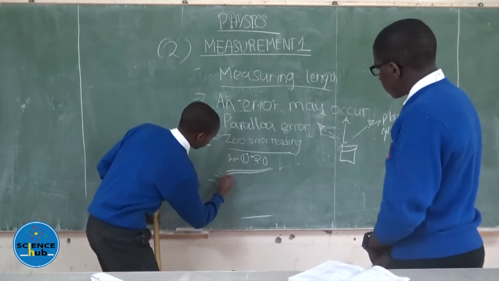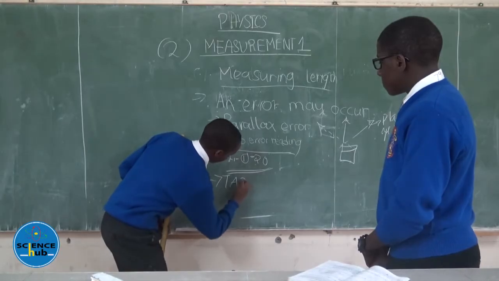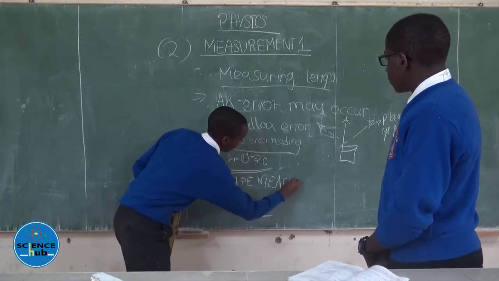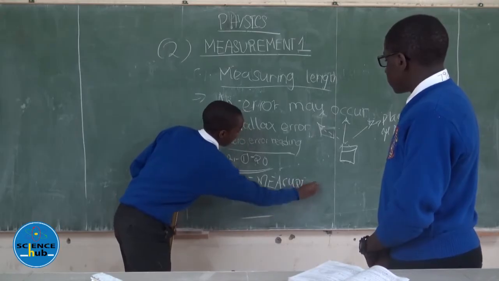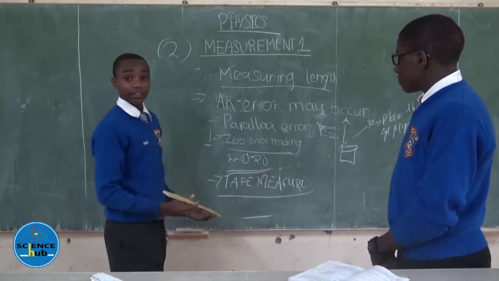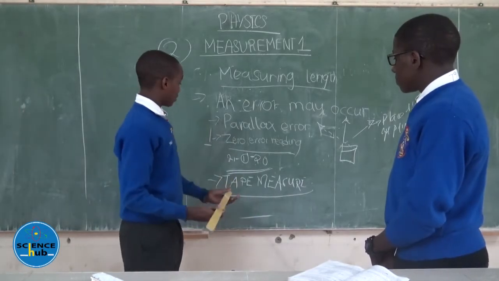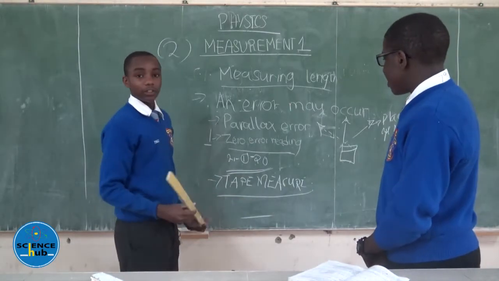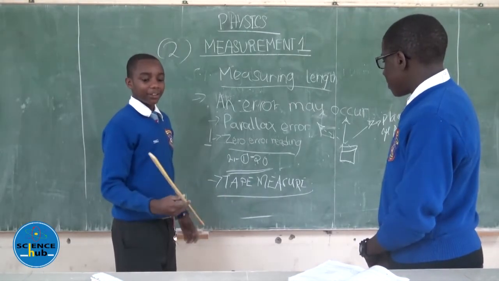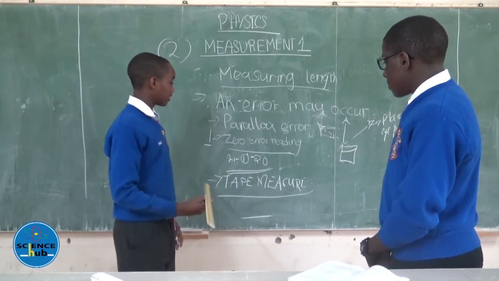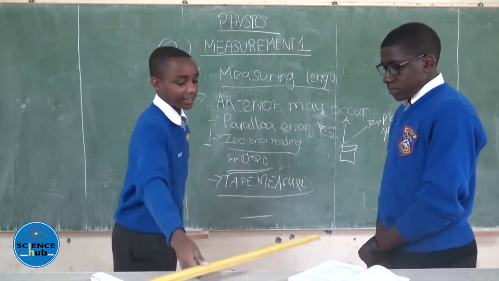Remember, therefore, you can not only use the meter rule to measure the length, you can also use a tape measure. There are three different types of tape measures as a point to note, and Oscar can tell us what are the matters to consider when choosing either of these three tape measures.